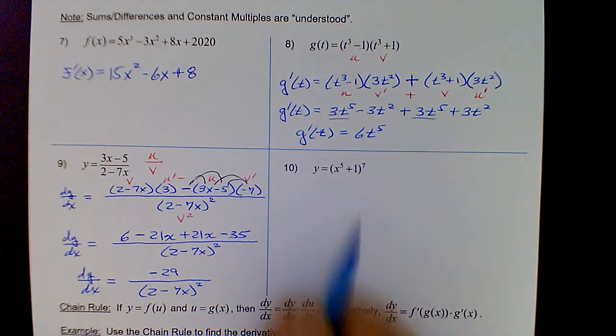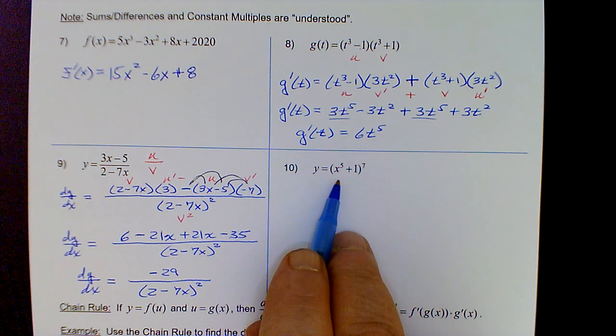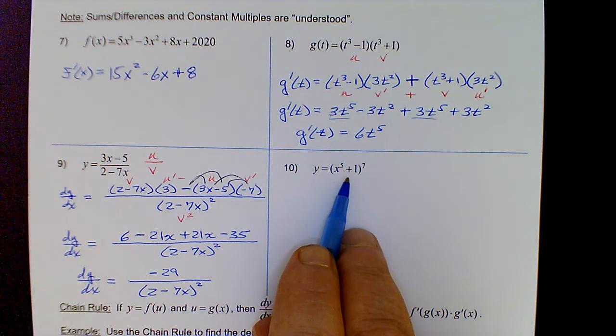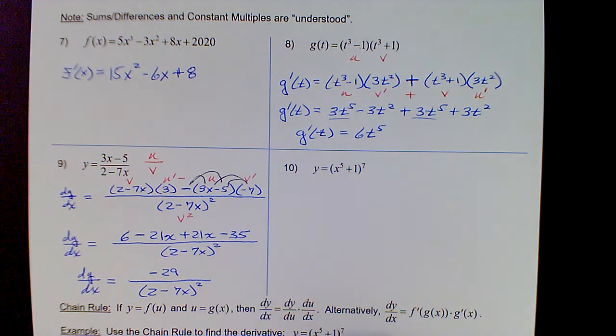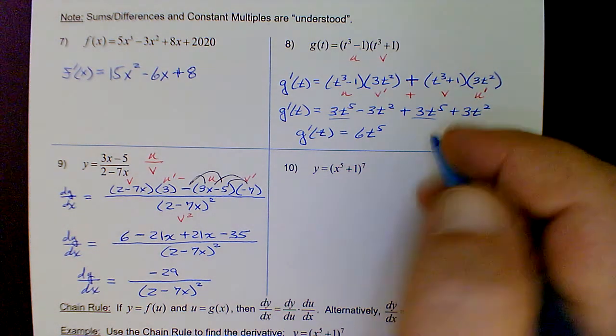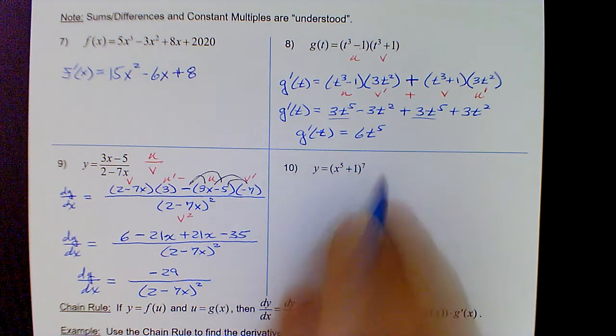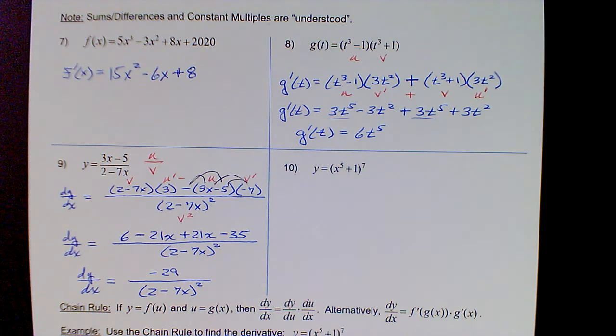Okay, and then here is what we could refer to as the general power rule. Some people will call it the chain rule, but I want to talk about the chain rule more specifically. This is better referred to as the general power rule, as you'll realize once I formally talk about the chain rule with you.